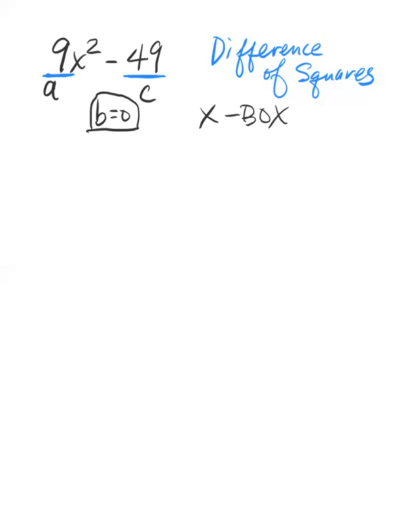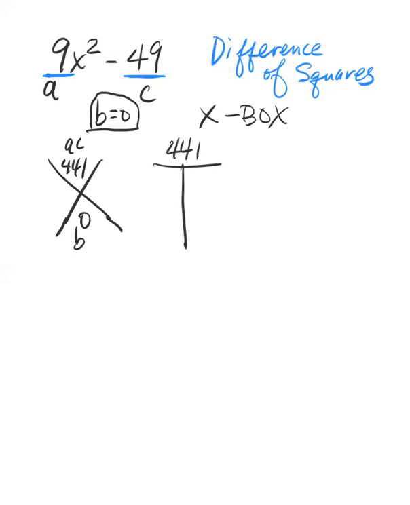Okay? So if I want to do this, this number is going to get pretty big, and it's going to be a headache. So 49 times 9, off to the side here, this is going to be 441, and this is going to be 0. Okay, so I need two numbers that multiply to get me 441.